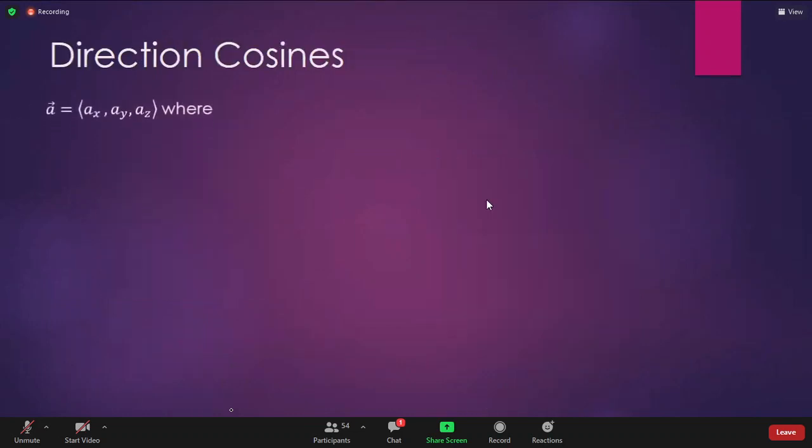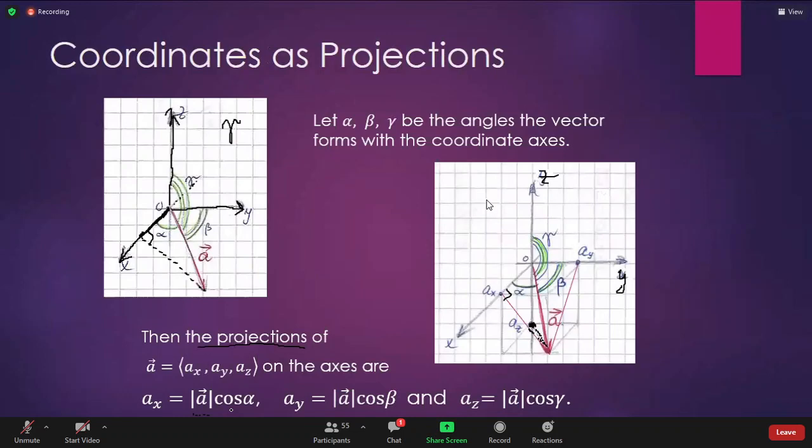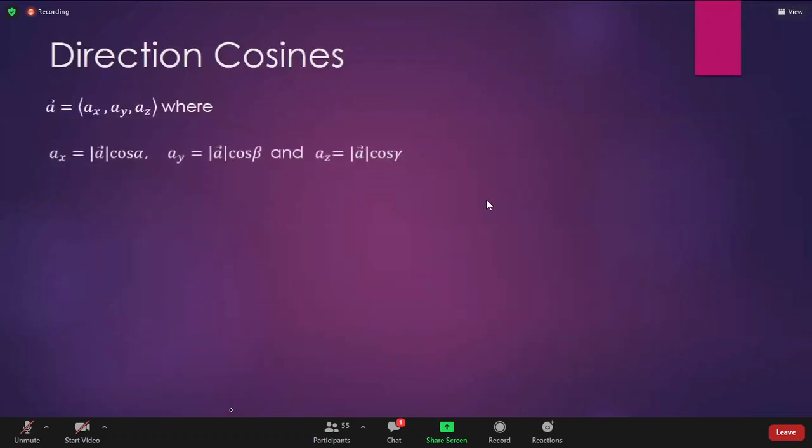These are called the direction cosines. This is the same thing that was written on the previous screen. It's a repetition. You don't have to copy this. I'm simply putting it there to remind you.